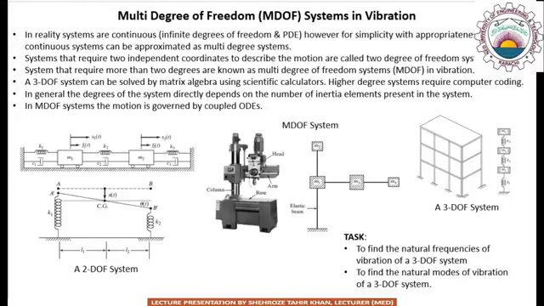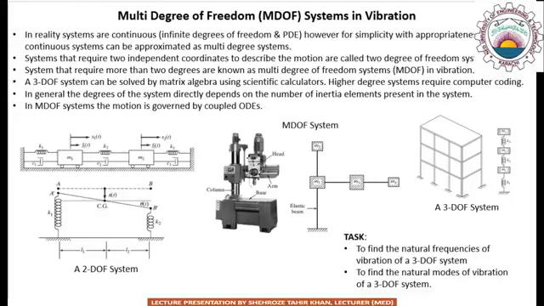So that's the end of part 1 of this lecture, in which we discussed the introductory concepts related to 2 degree of freedom systems. We also discussed what coordinate couplings are, how many types of coordinate couplings there are, and in which way the concept of coordinate coupling is applied to the equations of motion for 2 degree of freedom systems.